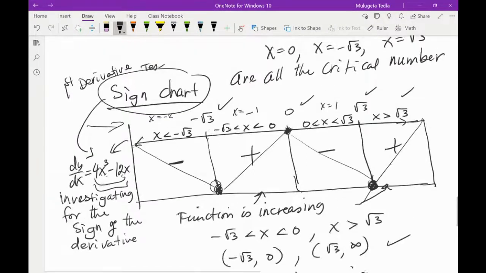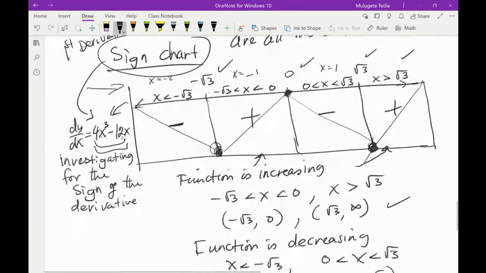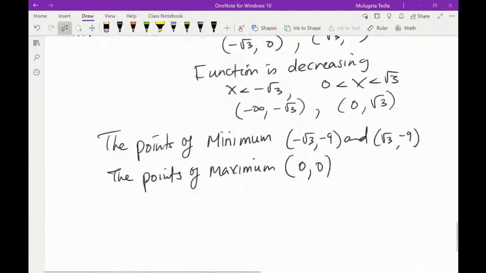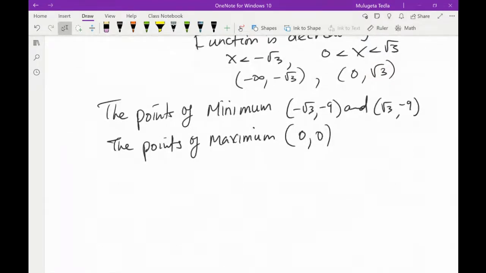The first derivative test states that when passing from left to right of a critical number, if the slope goes from negative to positive, then it's a minimum point. If it goes from positive to negative, then the critical number is a point of maxima. We have used it already.